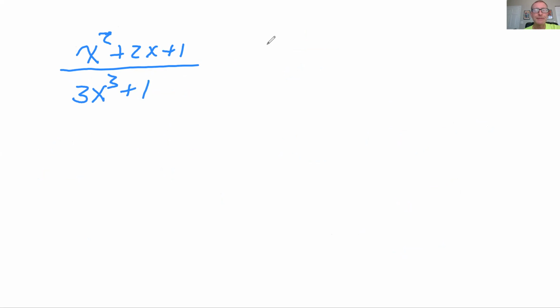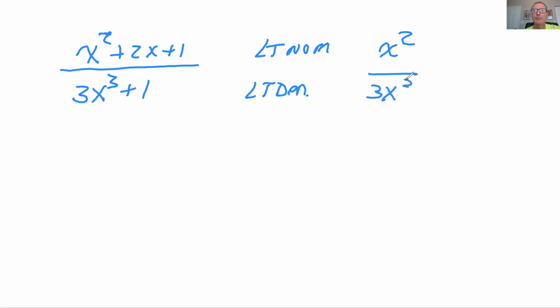For example, if you had x squared plus 2x plus 1, and then you had, say, 3x cubed plus 1. So, excuse me, the leading term in the numerator is x squared. The leading term in the denominator is 3x cubed.